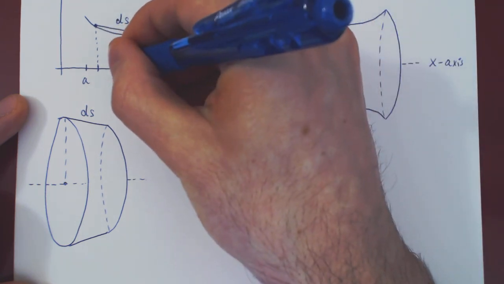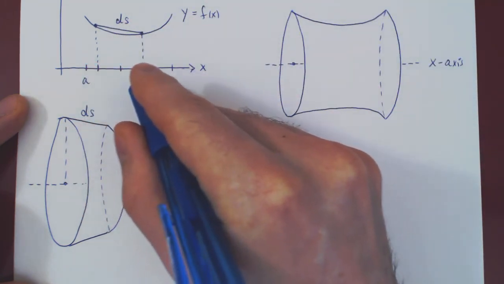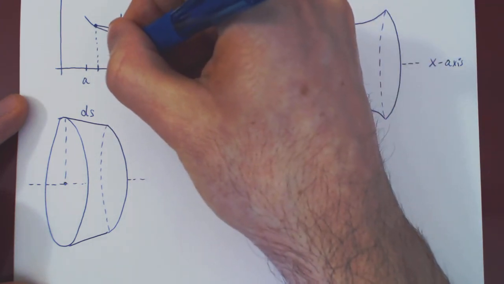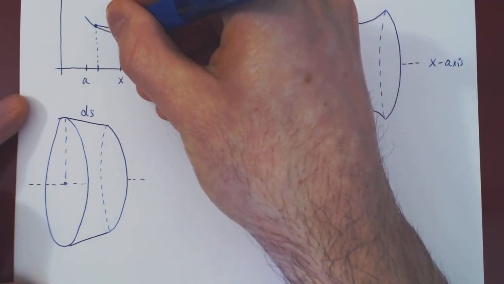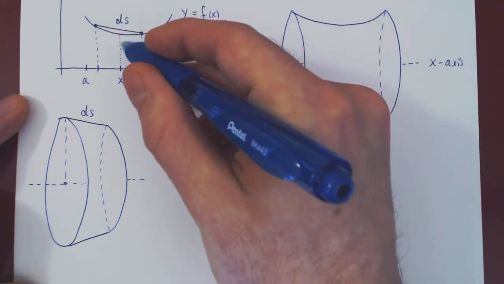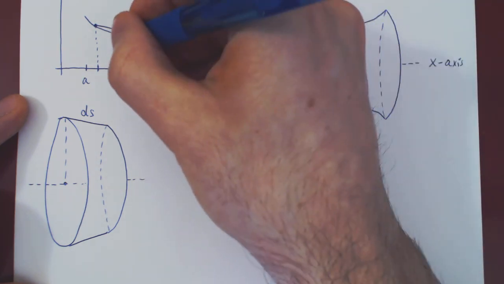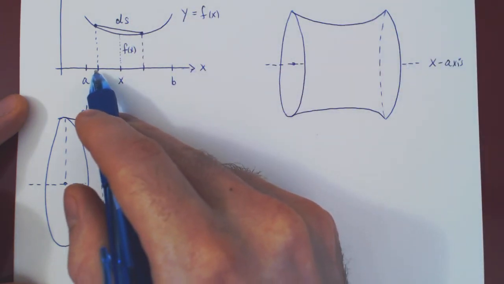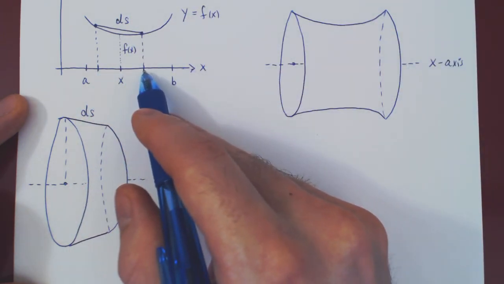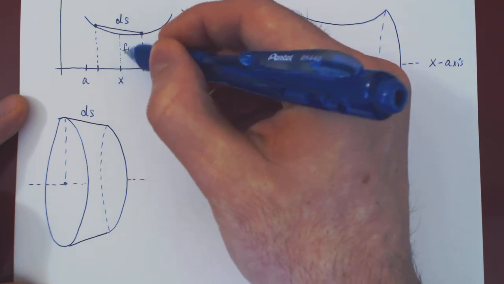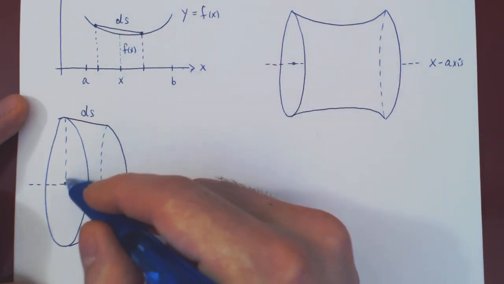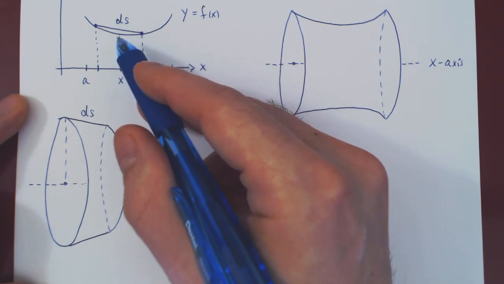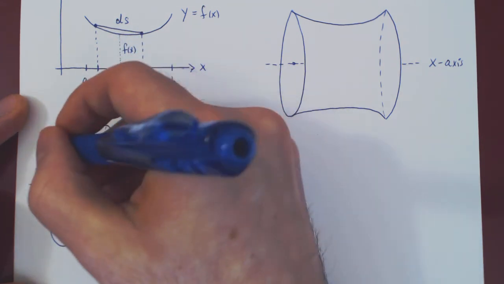So if this is an infinitesimal interval, take an arbitrary point x in it, and an approximate radius will be the value of the function at this point, therefore f of x. And again, as the interval shrinks to 0, this will get closer and closer to the exact radius, as the distance between the line segment and the curve will be shrinking to 0.